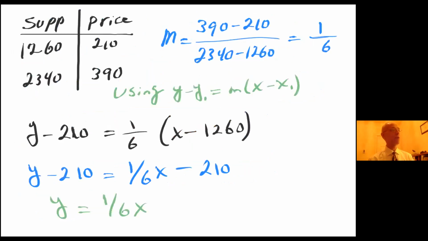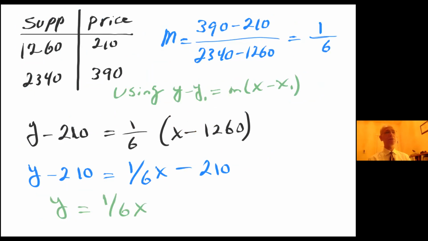For the price-supply equation, I made a table based on the information that was given to me. Again, using the same formula for slope, change of y over change of x, I get 390 over 2,340, and simplifying those numbers, I get 1/6.